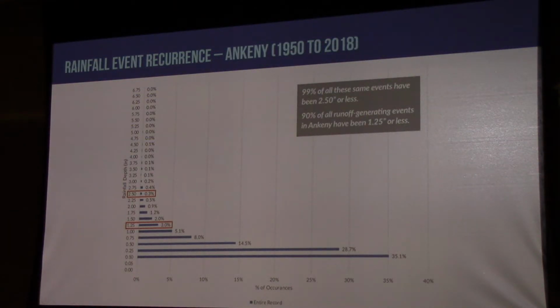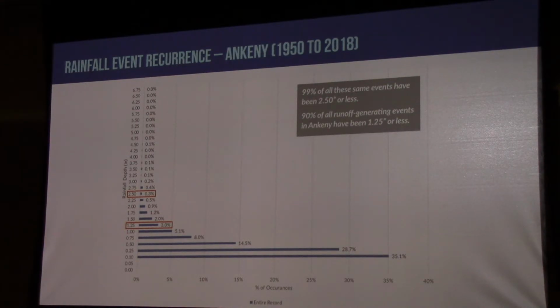So that's water quality volume, and I'm going to talk in just a second about channel protection volume, but you can see here in central Iowa why we use these standards for small storms. So I mentioned that 90% of the rainfall events are 1.25 inches and less in central Iowa. But then if we go up to that next level, the channel protection volume, which is a little more than 2.5 inches, now we're capturing about 99% of all the rainfall events in central Iowa.